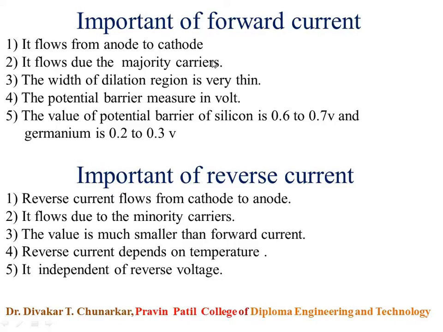The width of the depletion region is very thin. The potential barrier is measured in volt, and the symbol for volt is V. The potential barrier of silicon is 0.6 to 0.7, that is 0.7 volt, and germanium is 0.3 volt.